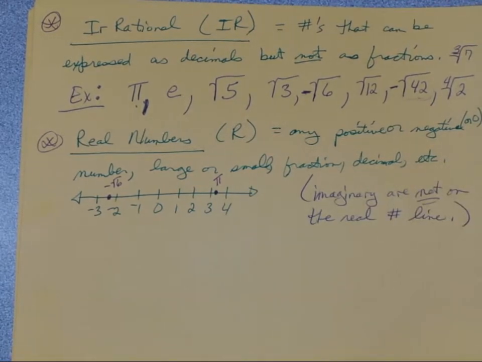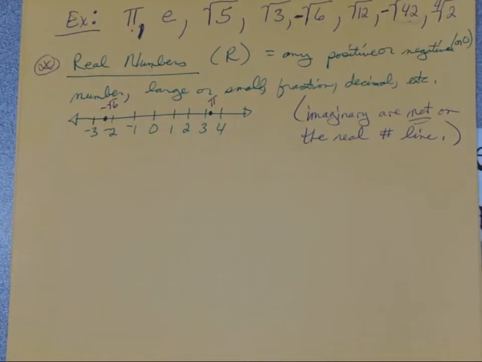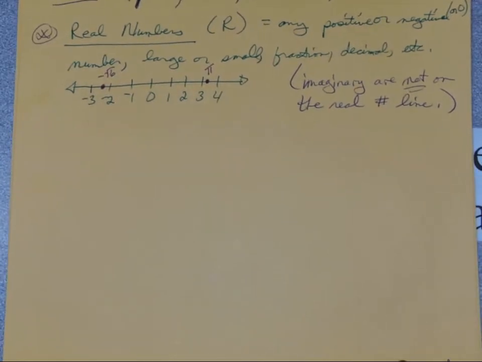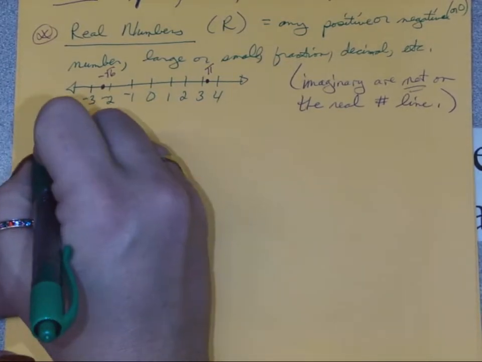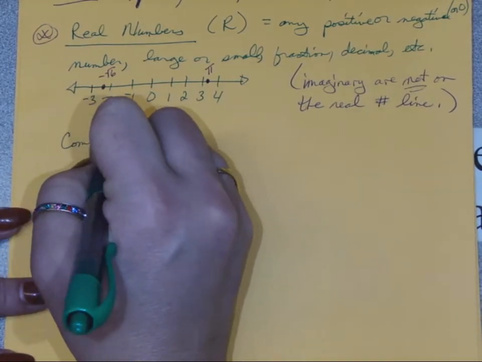So you don't get to go play in the party. Sorry, guys. Okay. So then we have to have another set of numbers because we got to talk about those guys that didn't get to come to the real number line party. You're not invited to the real number line party. You have to have your own party. Okay, so fine. Let's talk about imaginary numbers, which are going to be part of the complex numbers.